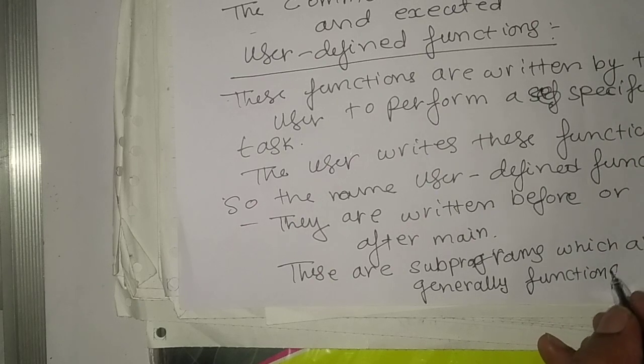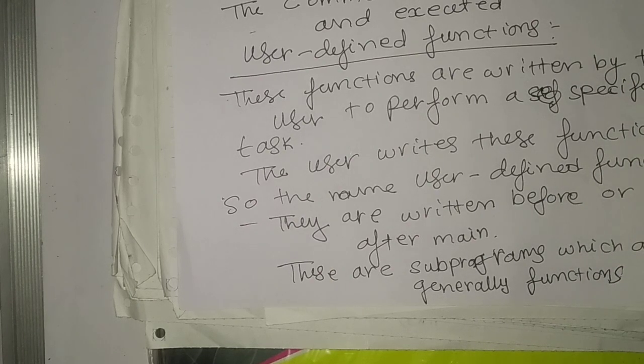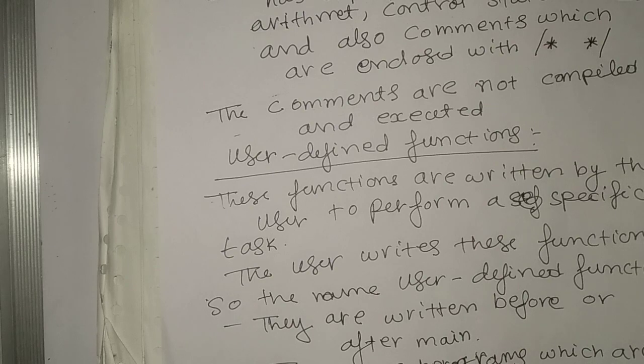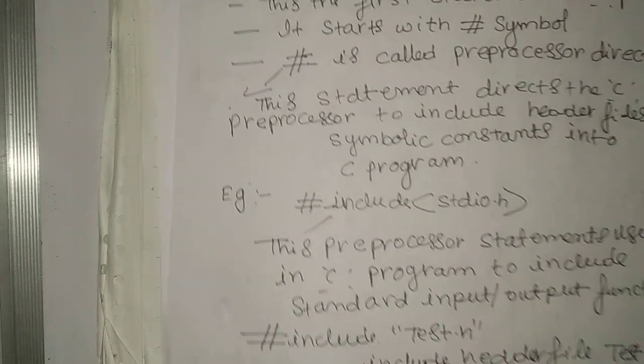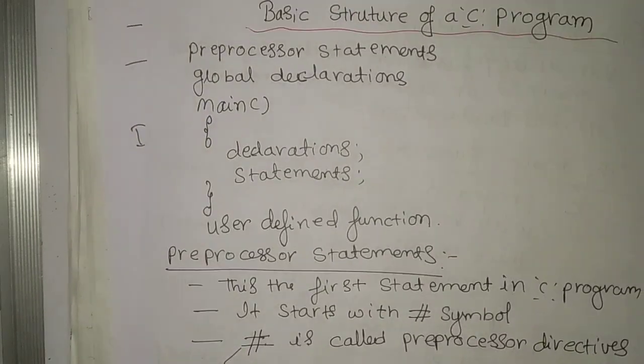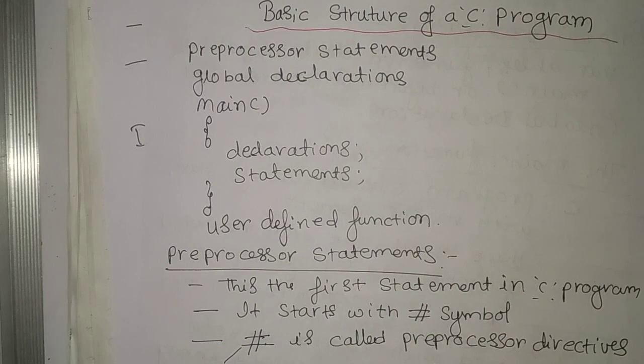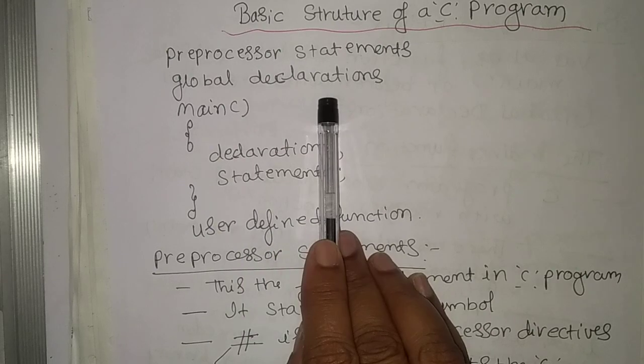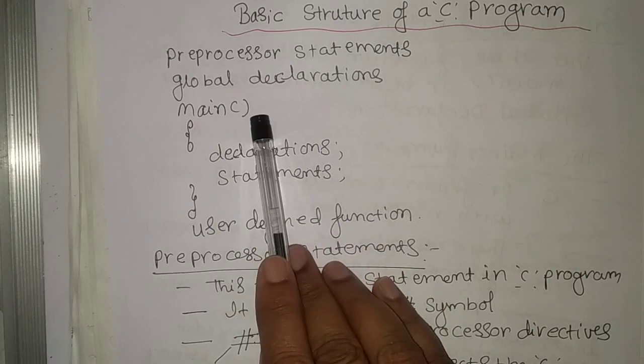So these are the steps to be followed in the C, or what are the functions of each statement in the C program. So once again we'll see the basic structure. I'll explain in detail. The first statement is called the preprocessor statement. Second one is the global declaration followed by main.